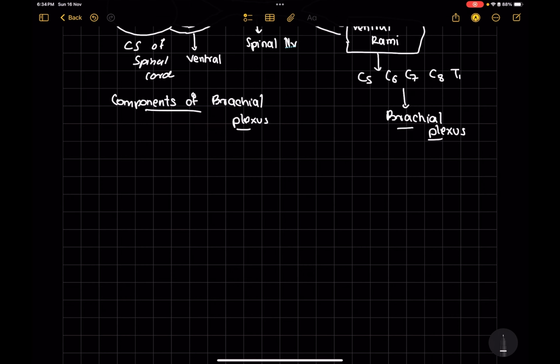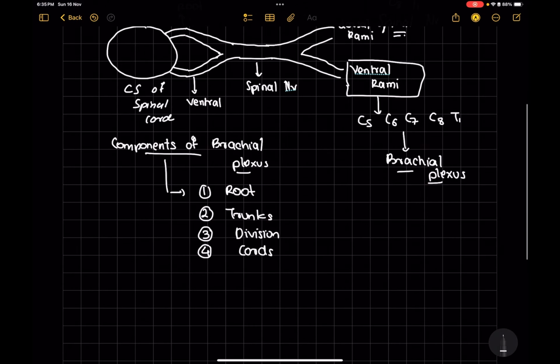In brachial plexus we have 4 components: roots, trunks, divisions and cords. You'll understand what these are in a little while. But remember this one thing, that roots give rise to trunks, trunks give rise to divisions, and divisions form cords.